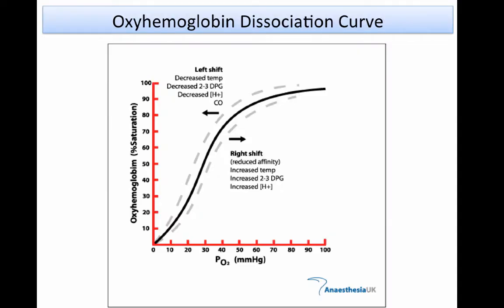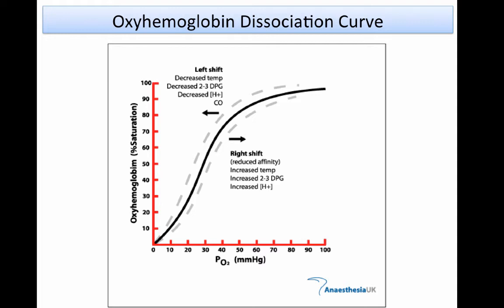The oxyhemoglobin dissociation curve is another very important concept that you have to remember. This is the curve that represents the oxygen delivery to the tissues, which depends on two things.